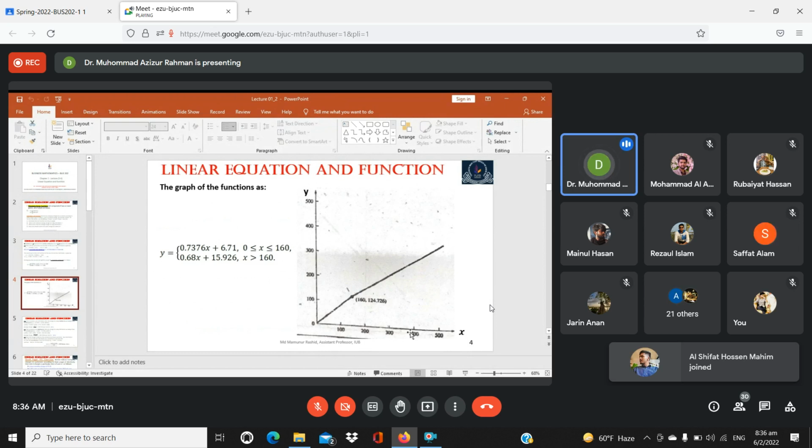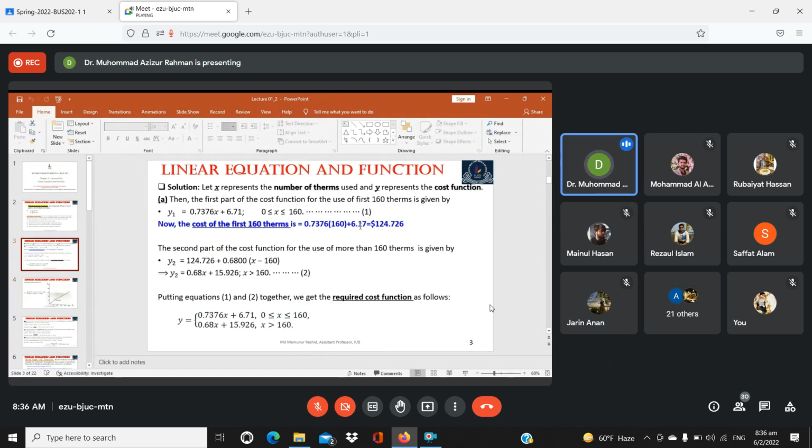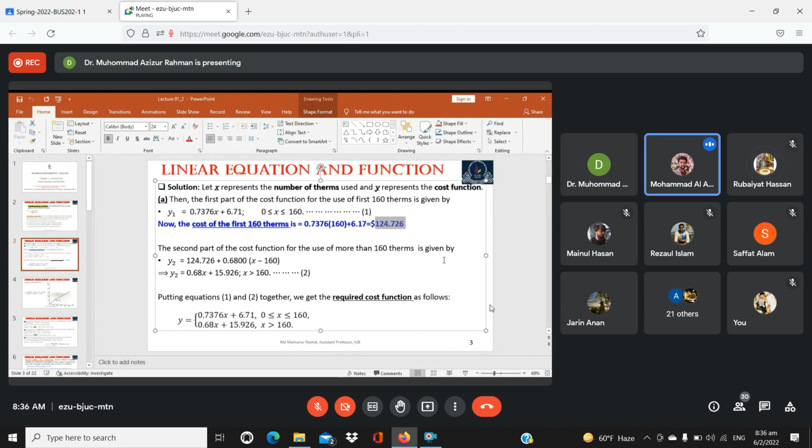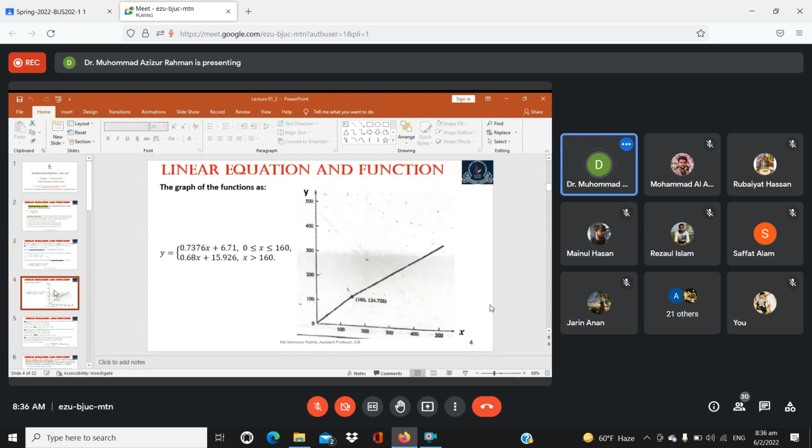So we know the first 160, how much we are paying. For the first 160, we are paying $124, right? Yes, sir. So if the value of x equals 160, the value of y equals 124. So we know the points from this.